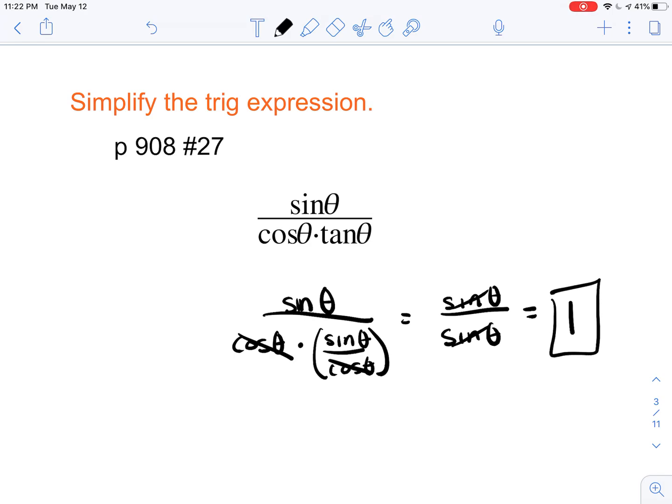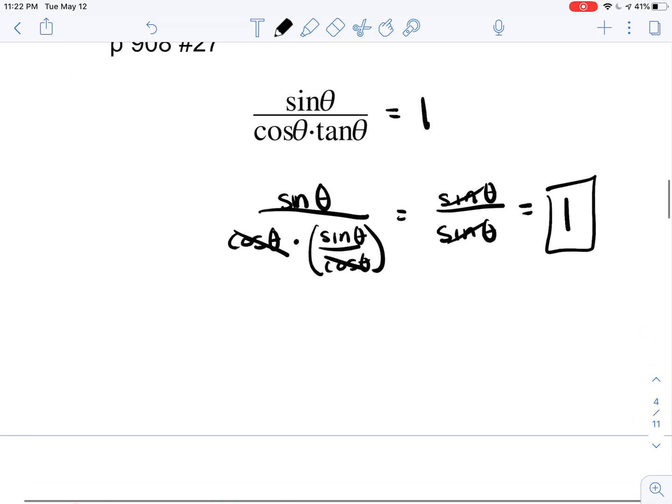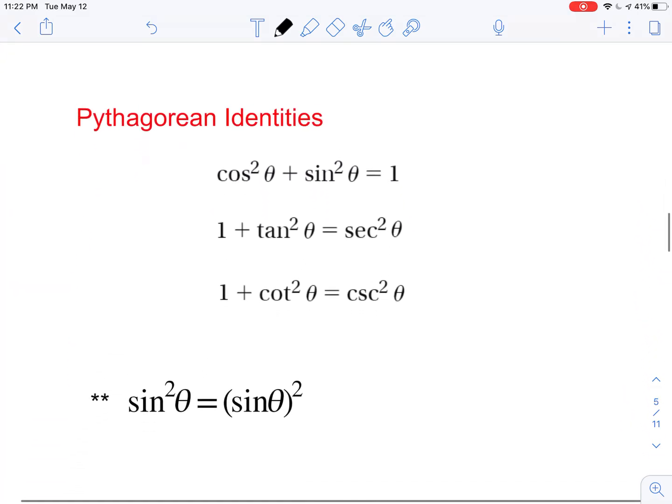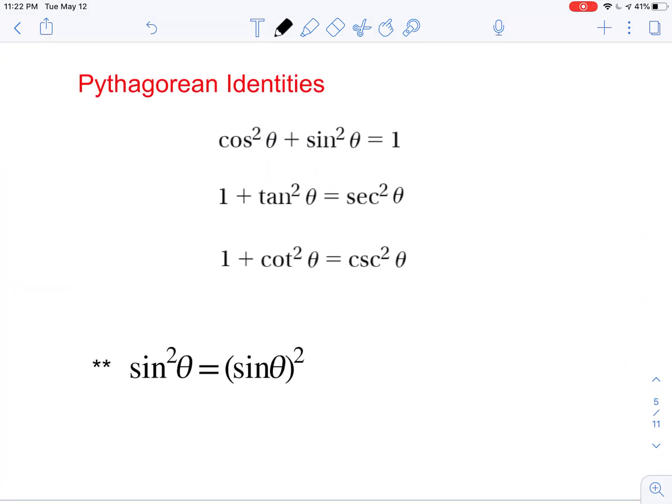Again, we have something the same in my numerator and my denominator, so they cancel out. When two things cancel out, we know that it just simplifies to a 1. So this trig expression is actually just equal to 1. Okay, now if you wanted to verify this for yourself, you could plug in any number in for theta in all three places, and you should see that it's equal to 1.